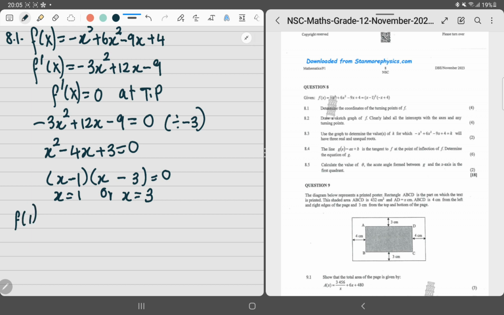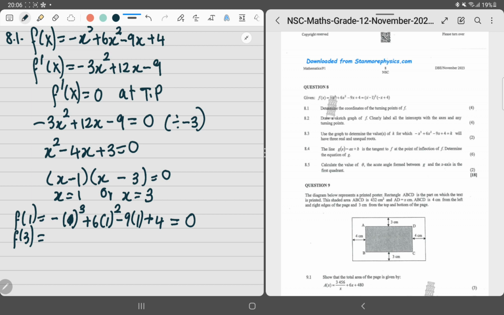Now I'm going to substitute into the mother function. This is going to be equal to 0 because I have a repeated root at (x minus 1) squared.